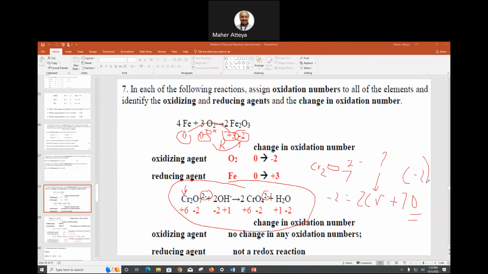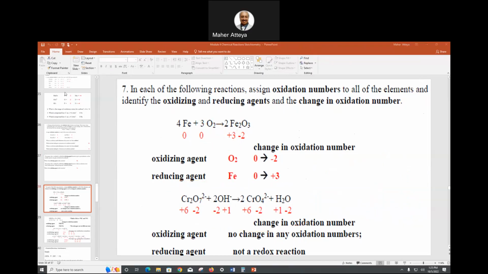So -2 equals 2 chromium, -14. Why -14? Because 7 multiplied by -2. Oxygen is always -2. So we have -14.